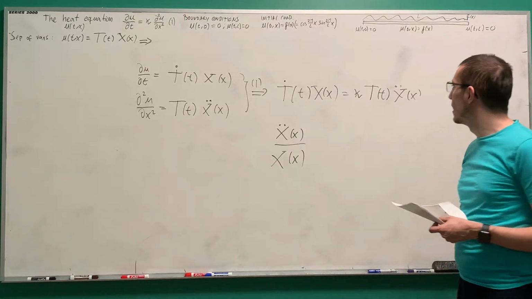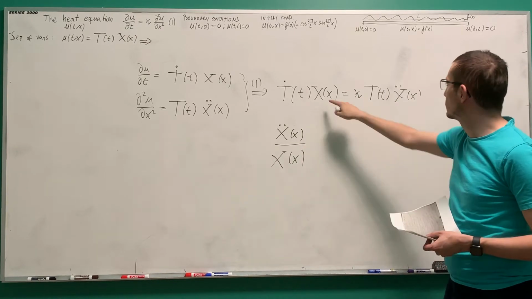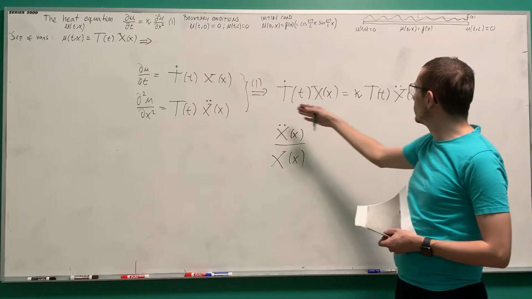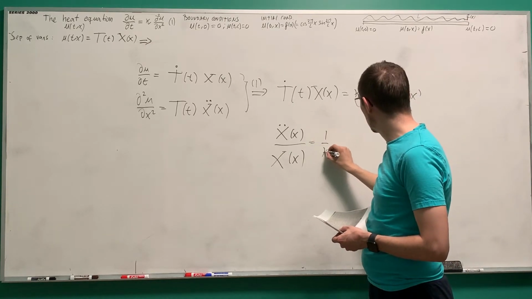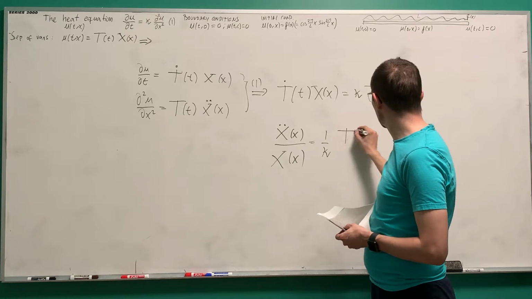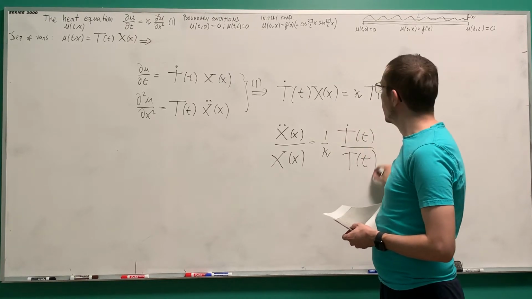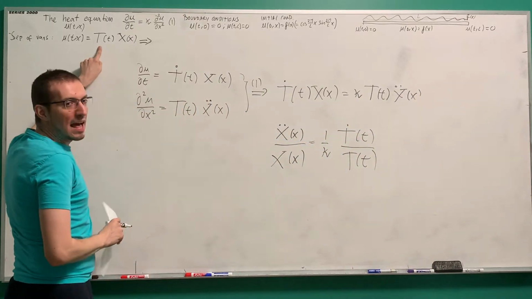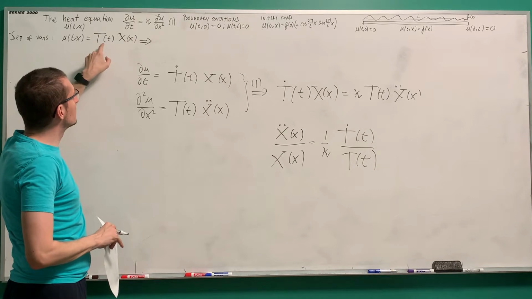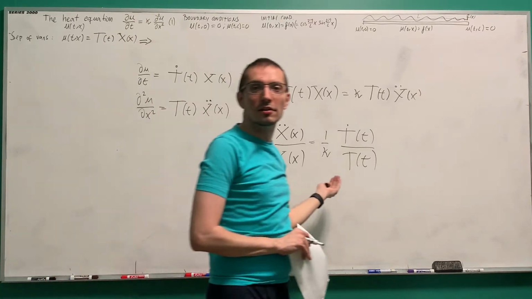I put them on the right-hand side, and I put all the t's on the other side, and the kappa also on the other side. So that would be 1 over kappa, and I get T dot of t divided by T of t. That comes from equation 1. So equation 1 plus the ansatz that u factors into a function of only t and a function of only x gives me this equation here.